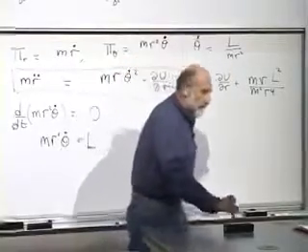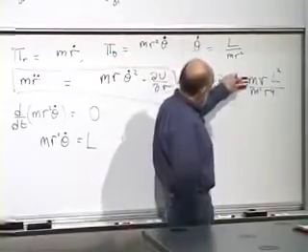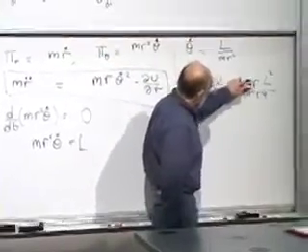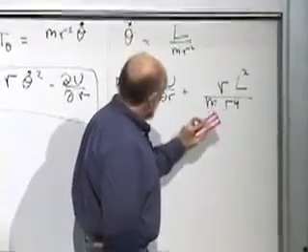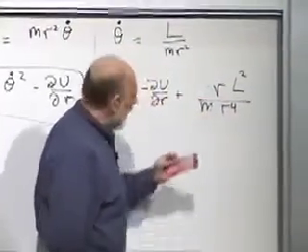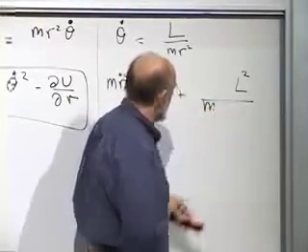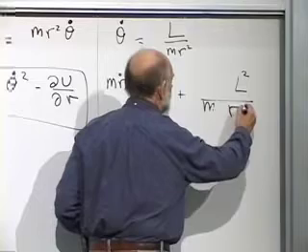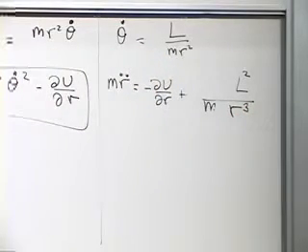Let's cancel out the unnecessary symbols. m cancels against m squared to give one power of m in the denominator. And r cancels against r to the fourth to give three powers of r in the denominator: r cubed. L is a constant.